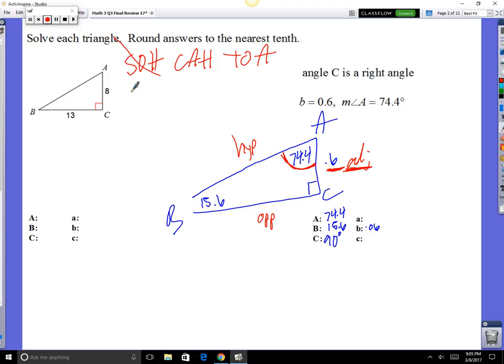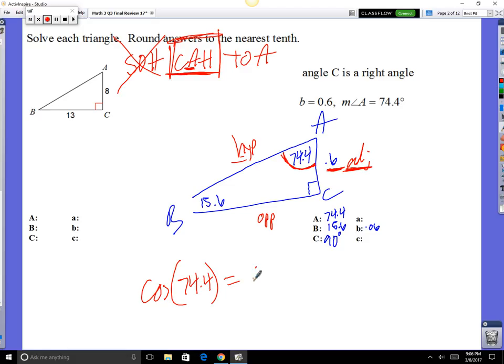This is not available to me because that does not even use adjacent, it uses opposite and hypotenuse.